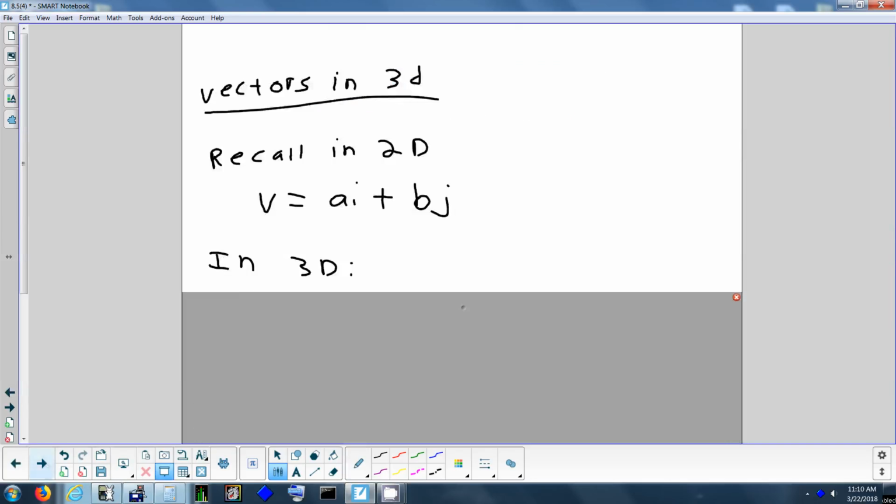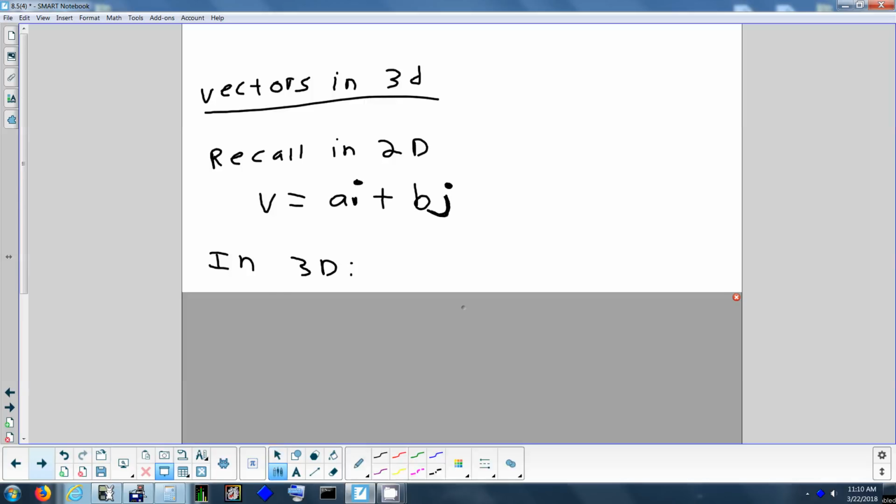In 2D, we had an X component and a Y component. A is the X component, B is the Y component. A tells you how far to move along the x-axis, B tells you how far to move along the y-axis. And then I and J, those were unit vectors.